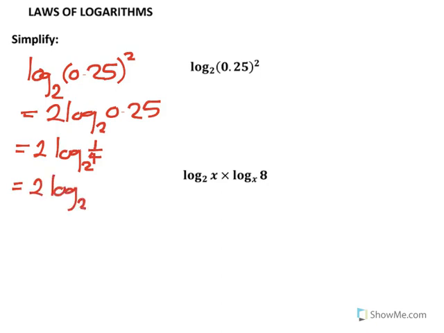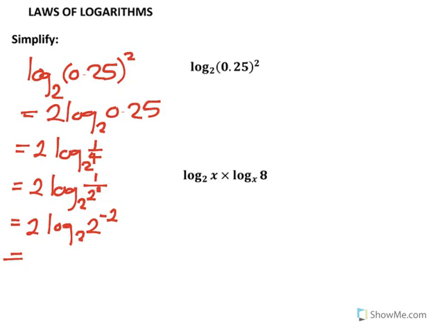Now you can see 1 over 4 is interesting because 1 over 4 is the same as 1 over 2 squared. Remember, 4 is 2 squared. Now this is equal to 2 log in base 2 of 2 to the power negative 2. Now we're using the laws of exponents. Do you see how the 2s are meeting? When 2 goes on top, it will be 2 to the power negative. That's why I'm using that negative.